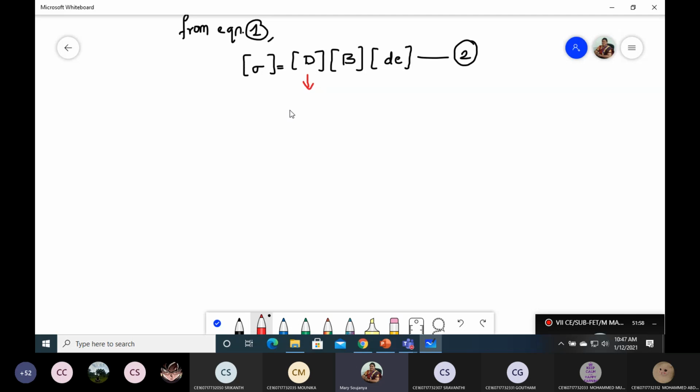D matrix is the relative constitutive matrix.